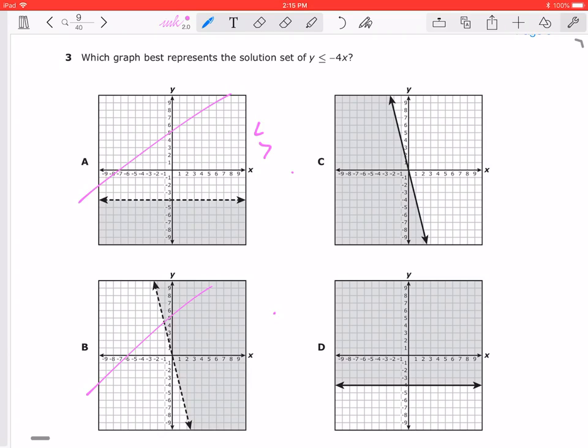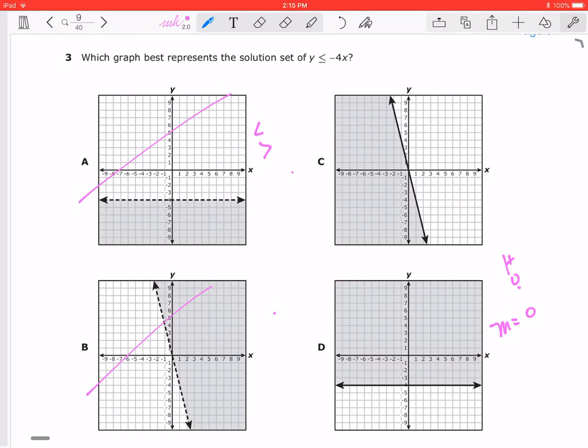Now, I don't even really have to do any mental work here, okay? If I look at the difference between these two graphs, C and D, I know that D is a horizontal line. So that means that our slope is equal to 0.